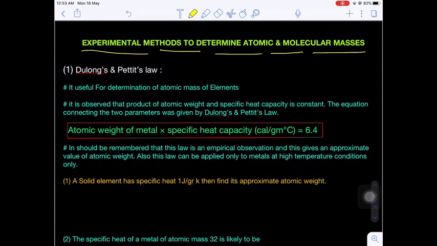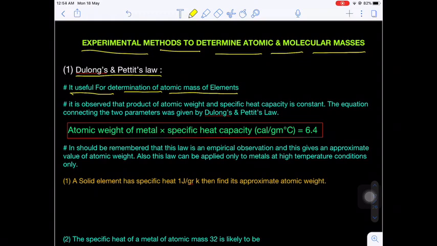Now there are different types of experiments, of which the first one is Dulong and Petit's. According to this, it is useful for the determination of atomic mass of elements. So this method is only for atomic mass of elements.